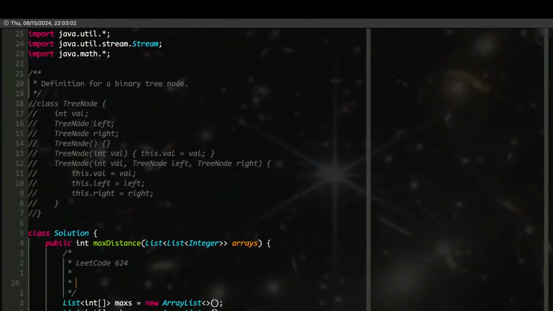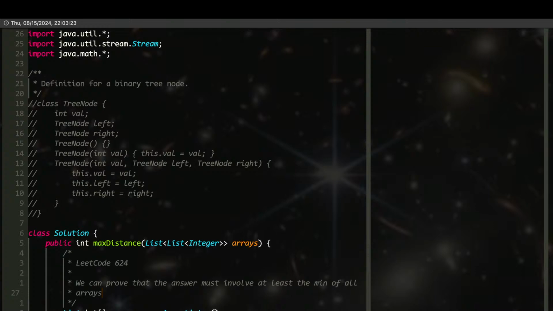We can prove that the answer must involve at least the min of all arrays, or the max of all arrays.